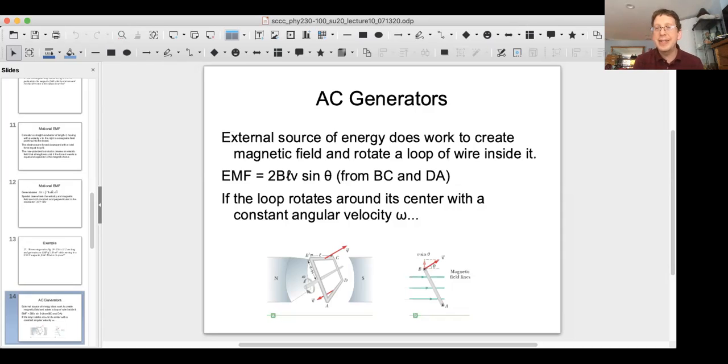And again, theta is the angle that v makes with B. But remember, the loop is rotating, so you can think of theta as being omega times t. And so the EMF is equal to 2 times, because you've got a motional EMF on both sides of length L. So it's equal to B times L times v sine theta, and then multiplied by 2 from that.